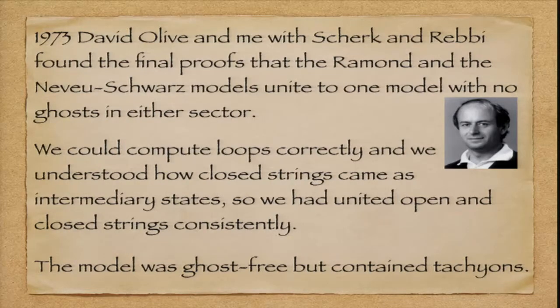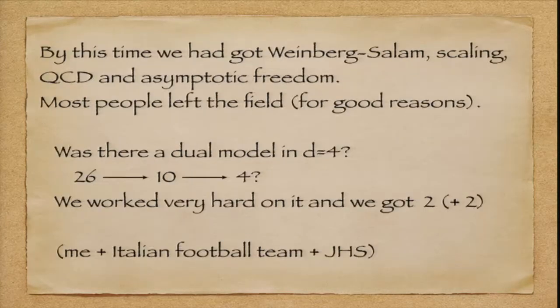So anyhow, the only problem at that stage was that this model was ghost-free but contained tachyons. And I should say that by this time, we had got Weinberg's lamp, scaling, QCD, and asymptotic freedom. So most people left the field, and we were left there.